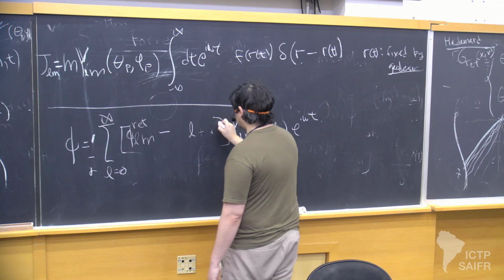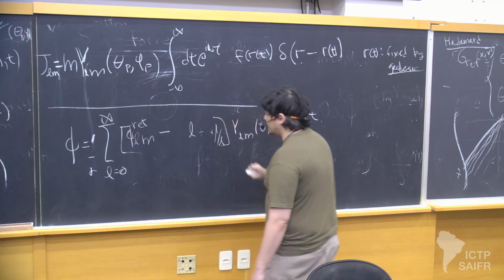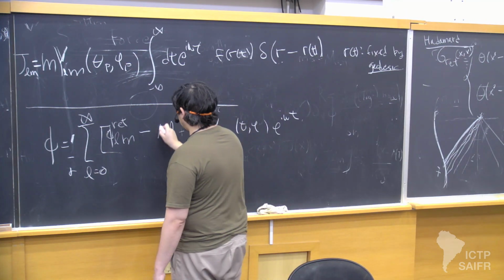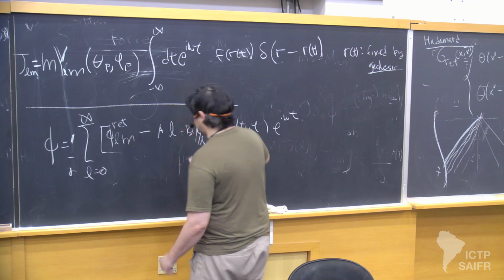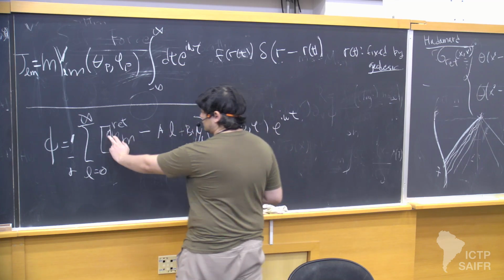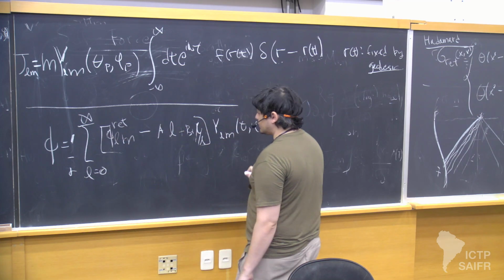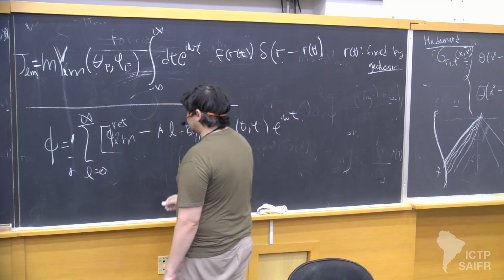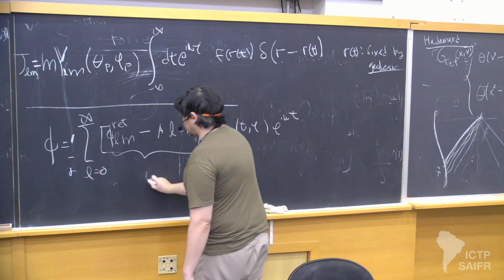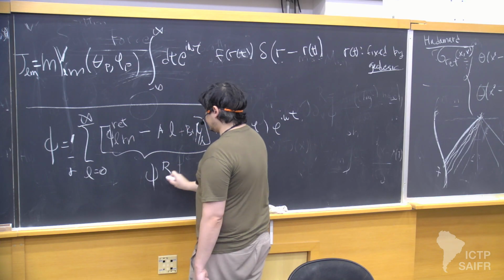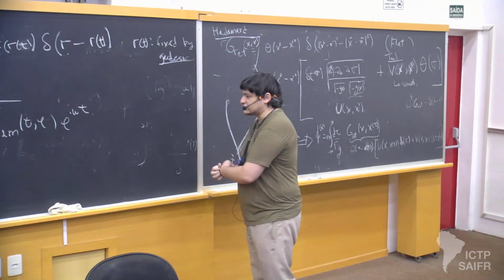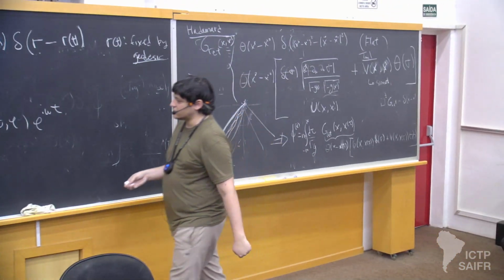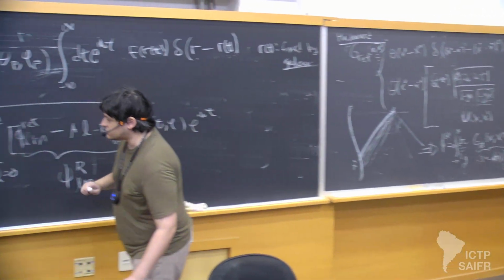And then there's a term that goes like 1 over L. And then there's a formula for A, B, and C given phi Lm. After you subtract this, this defines the radiative, this radiative field. Okay, so it's conceptually very simple, although I'm not going to compute A, B, and C.